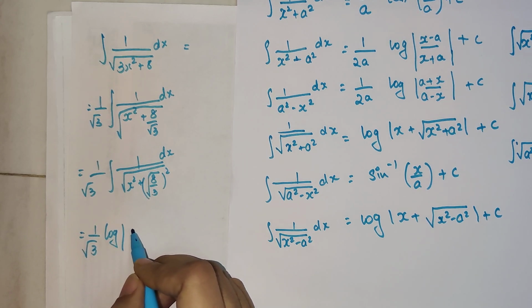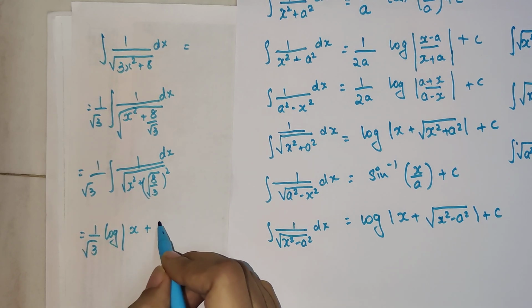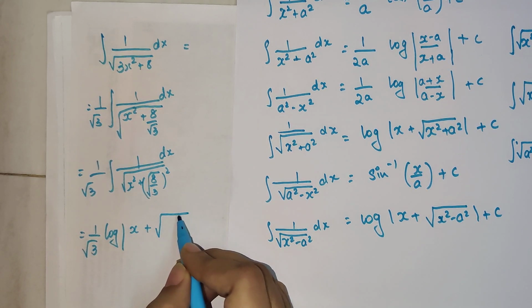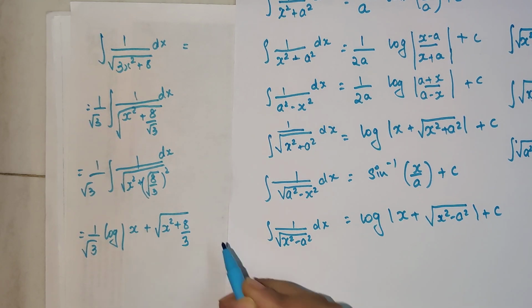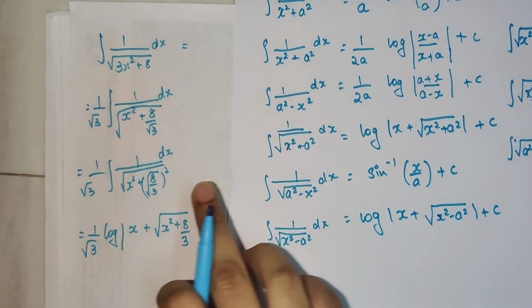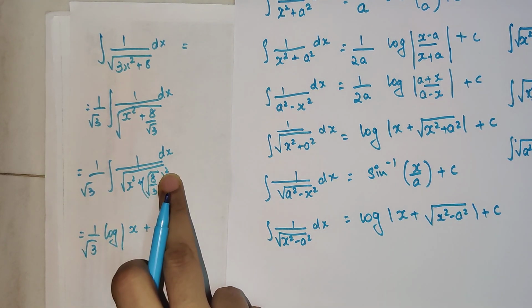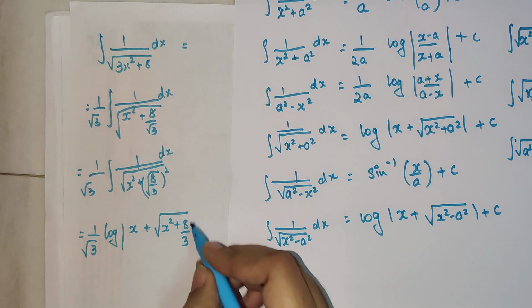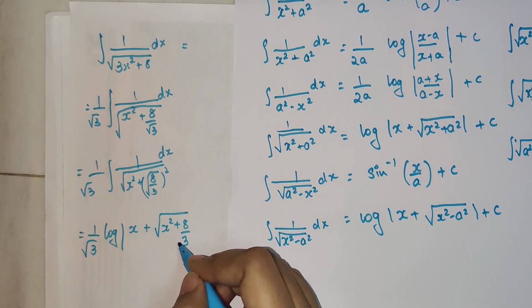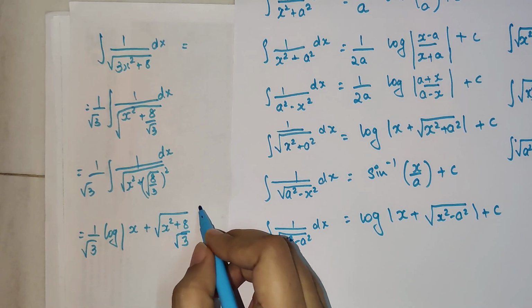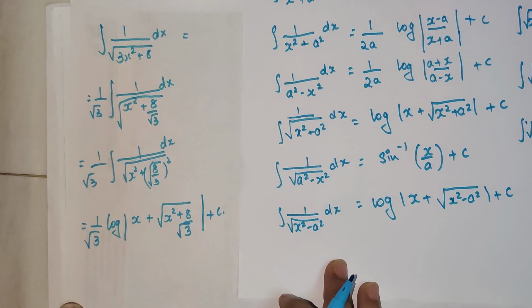x plus, here we'll say x square plus 8 upon 3, right? So we have x square plus a square, right? So here eventually the root and the square will get cancelled, so we'll just have 8 upon root 3, plus c.